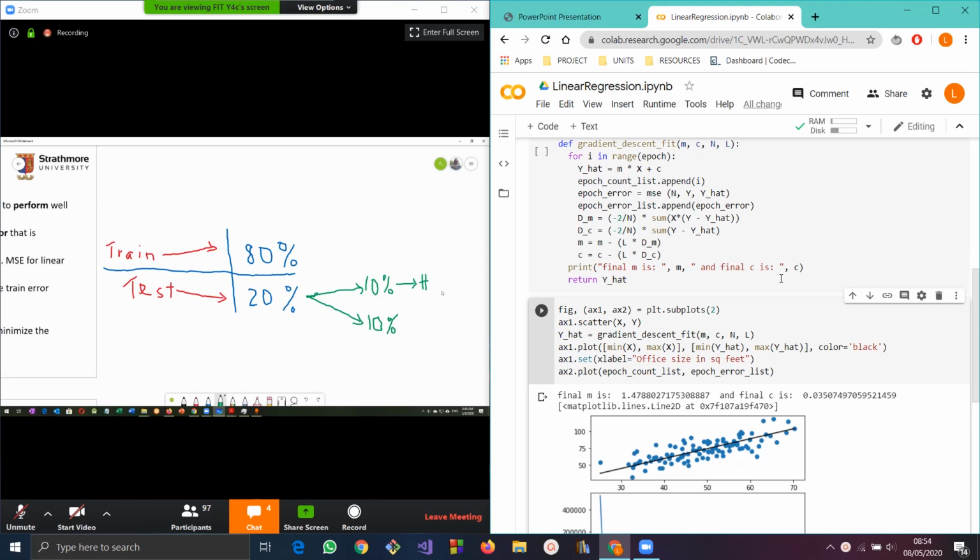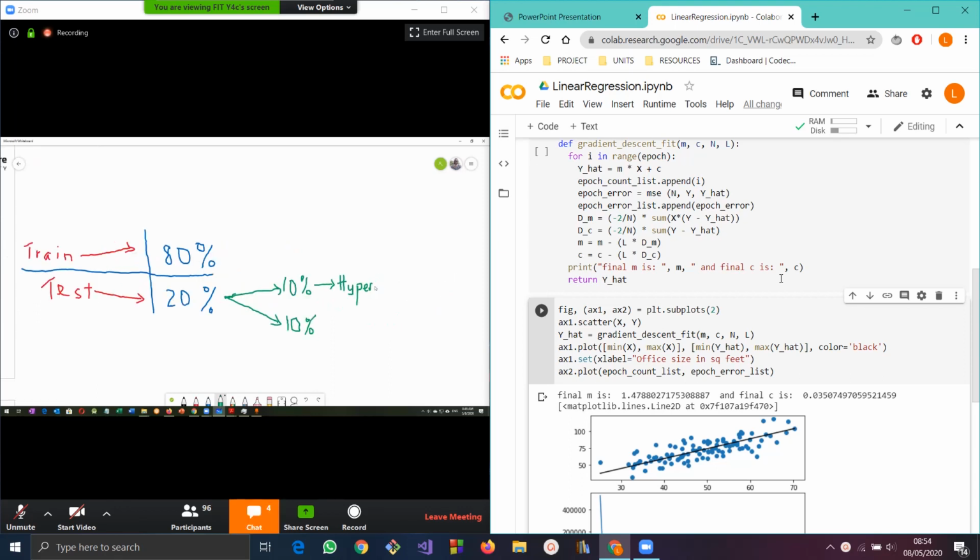These hyperparameters are important. I will come back here, so let me just write it. And the rest we use for testing. This is the standard that I normally use to divide your data set.